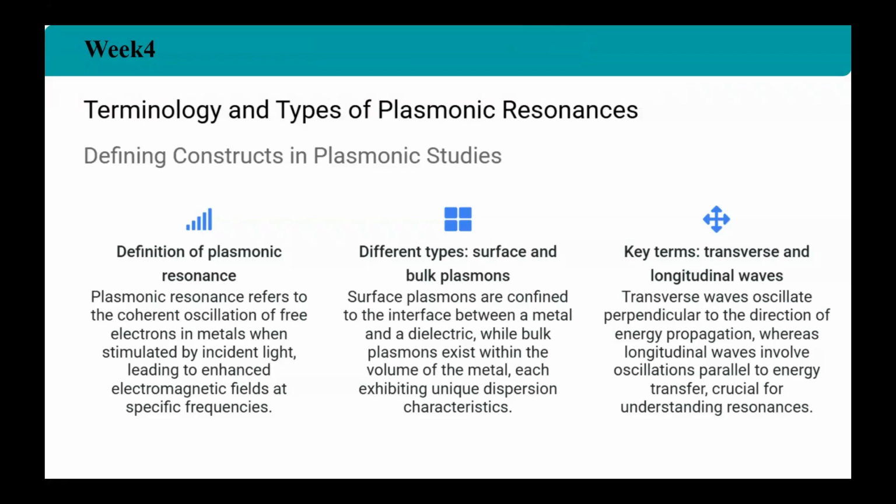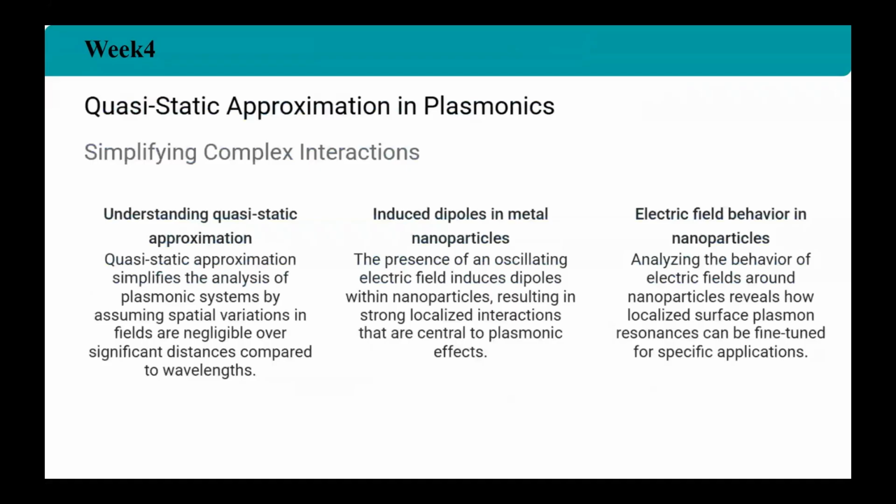What are the key terms here? Transverse and longitudinal waves. Transverse waves oscillate perpendicular to the direction of energy propagation, whereas longitudinal waves involve oscillations parallel to energy transfer, crucial for understanding resonances.